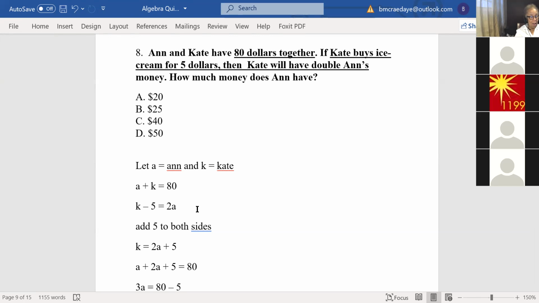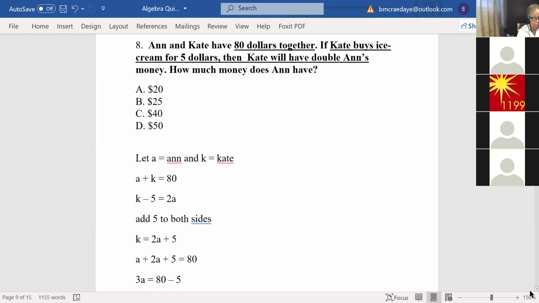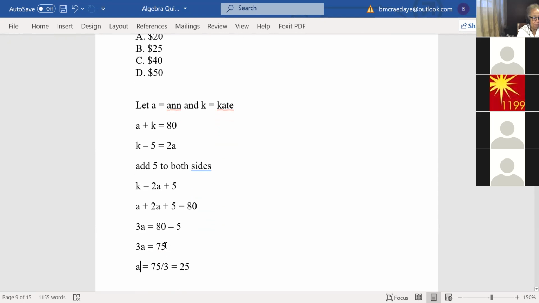And then I just solved for the amount of money that Ann had by substituting. I went back to this original equation, and if K is 2A plus 5, instead of K I put 2A plus 5. Now I just have one unknown, that's A. 2A and A is 3A. 80 minus 5 is 75, and A is 75 over 3, or 25.